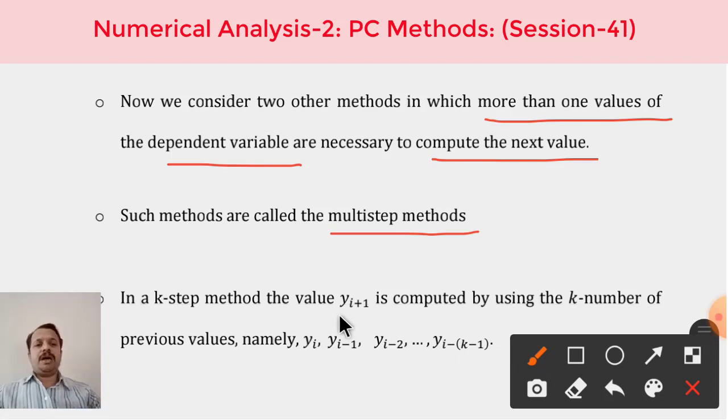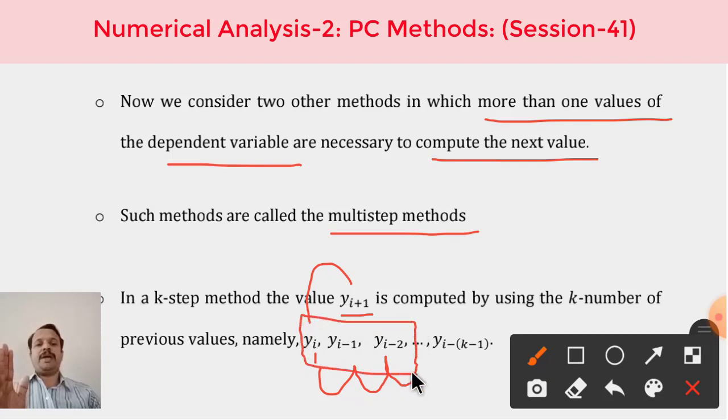If I want to compute the value of y at the point xi plus 1 and I require only 4 values, what are those 4 values? yi, just previous to this yi minus 1, previous to that yi minus 2, and previous to that yi minus 3. So these 4 values are required to compute the value of yi plus 1.